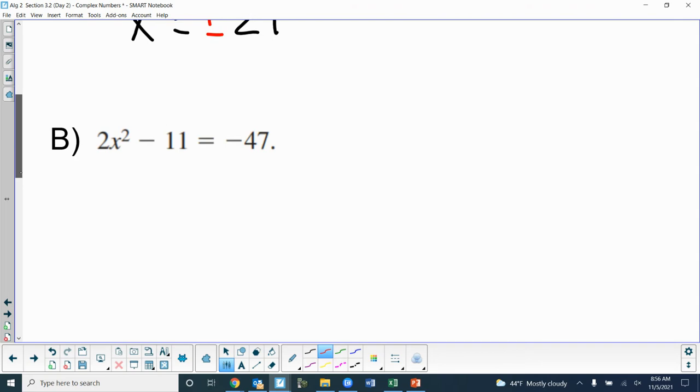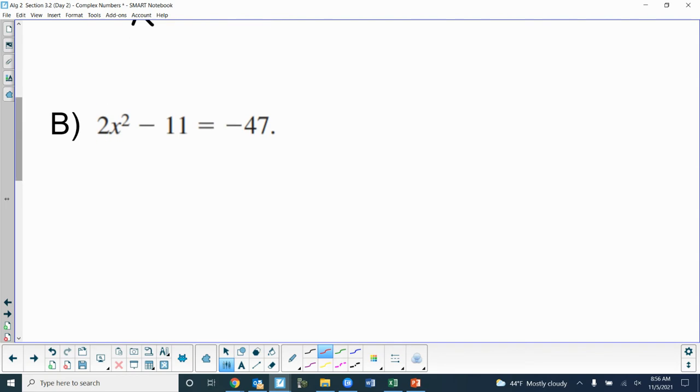Okay. What's the first step for this one? AJ. Yeah, add the 11. Again, what we want to do first is get the x squared or the squared part. It might not be an x squared. It might be an x plus 2 squared or something.